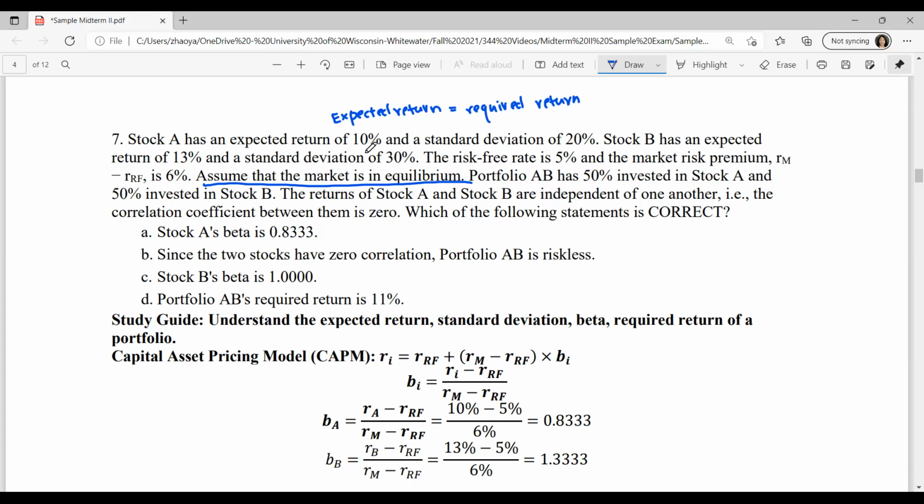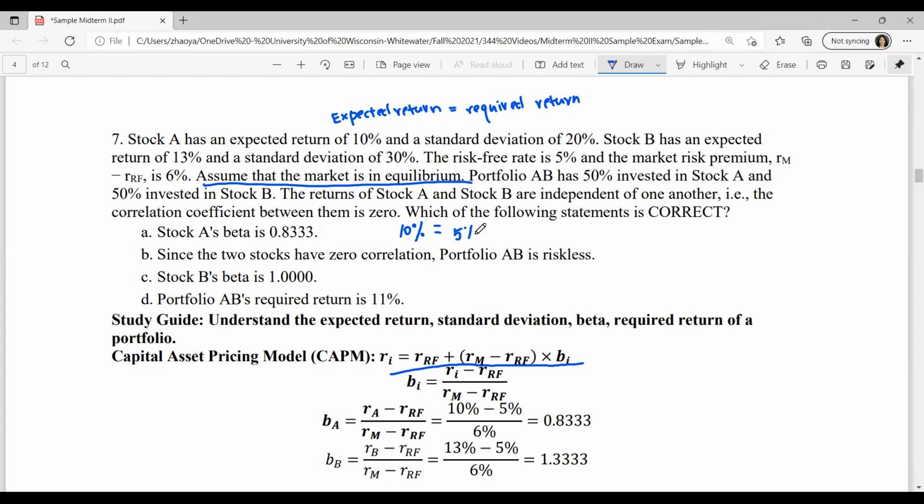Because the expected return equals required return, the required return for stock A should equal, according to CAPM, risk-free rate plus market risk premium times beta.